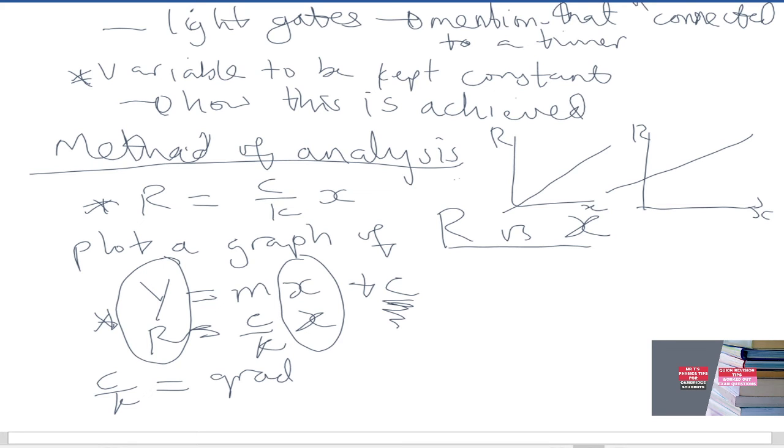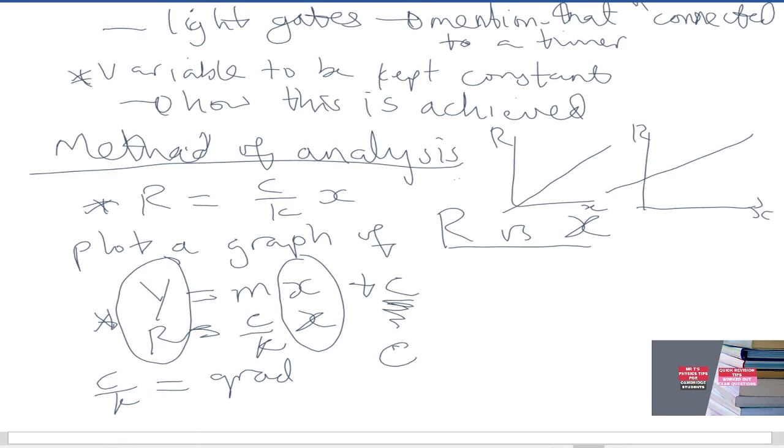So please make sure that you mention that R is on the y-axis and X is on the x-axis. And then also saying that C over K is equal to the gradient is not enough, because we want to find C. So finding C in the question, you would make C the subject of the formula.